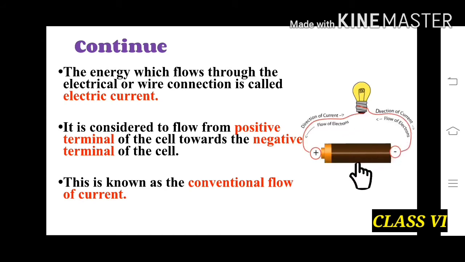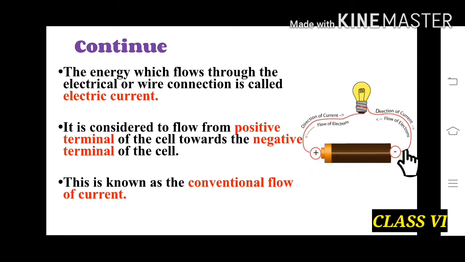Here we can see the flow of electrons, that is from the negative terminal to the positive terminal, and then we can see the direction of flow of current from the positive terminal to the negative terminal. It is considered that the flow is always from the positive terminal towards the negative terminal, and this is known as the conventional flow of current.